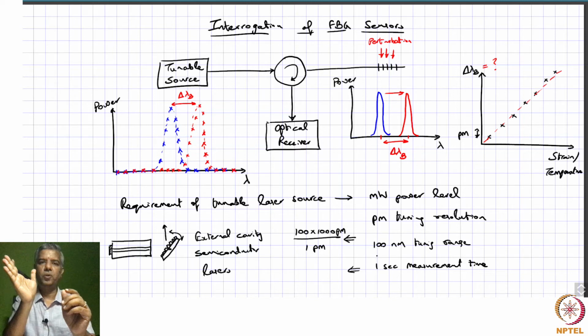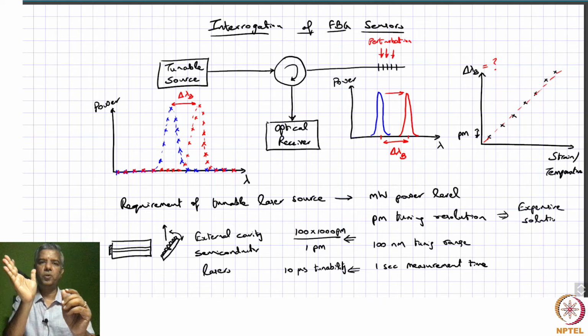So you need to have 10 microsecond tunability. Every 10 microseconds you need to go to a different wavelength. And that actually makes this laser, this external cavity semiconductor laser, a very expensive solution.